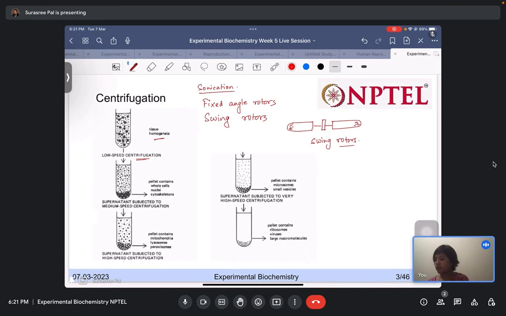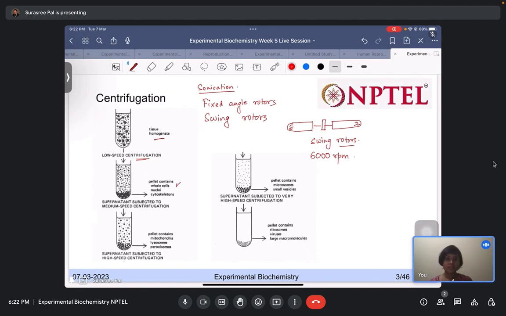For that we need medium speed centrifugation, around 6000 rpm. rpm is rotation per minute. If we centrifuge the cells at 6000 rpm, then the cells will come in the pellet, and the media we can discard.